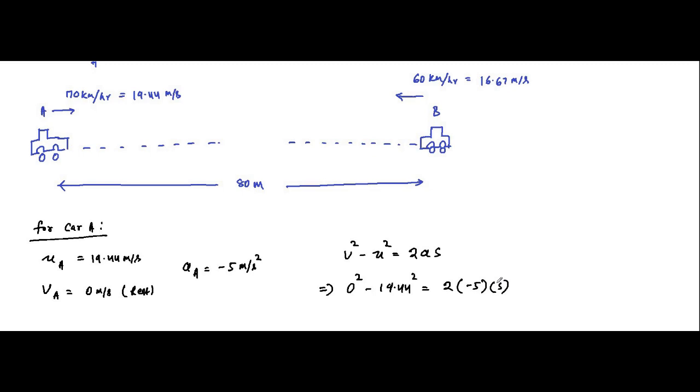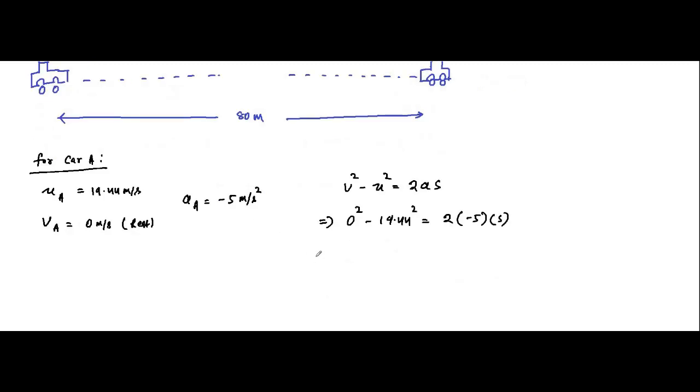That implies s is equal to 0 square minus 19.44 whole square by 2 into minus 5, which is coming around 37.79 meters.